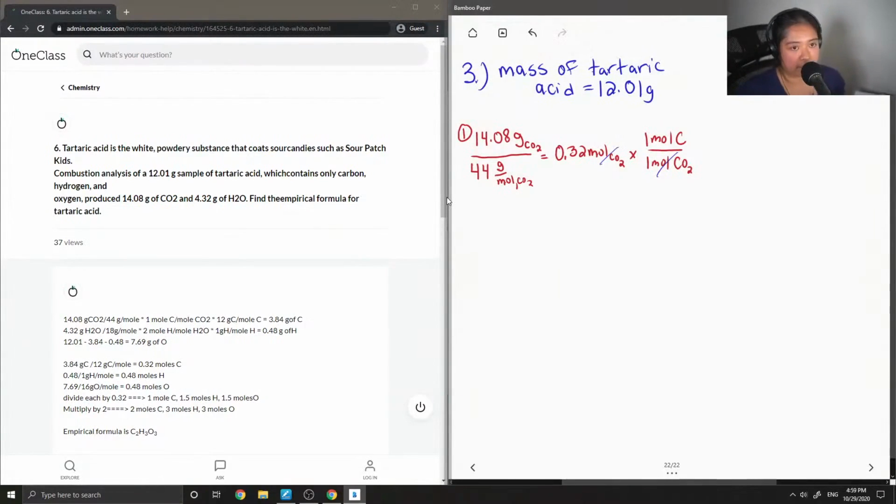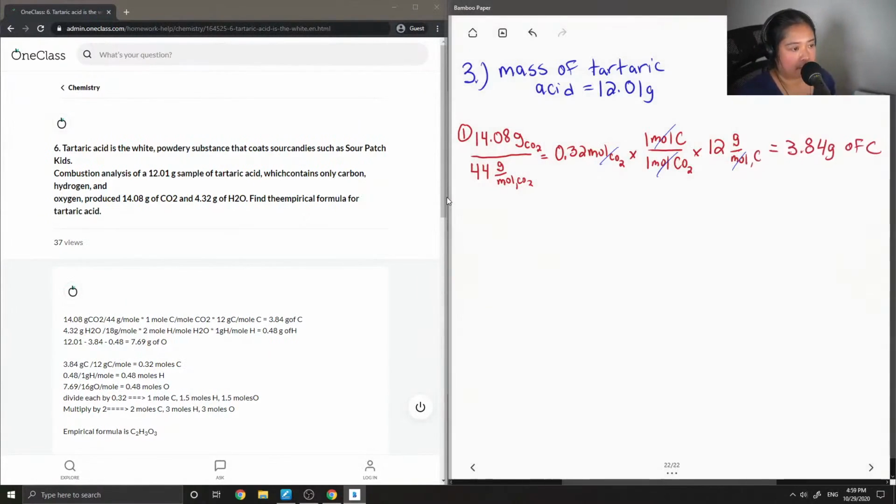And then to find the grams, I'm going to multiply my moles by the molar mass of carbon, which is 12 grams per mole. If we do all of the math, you'll see the moles of carbon cancel out as well, and we're left with a value of 3.84 grams of carbon.